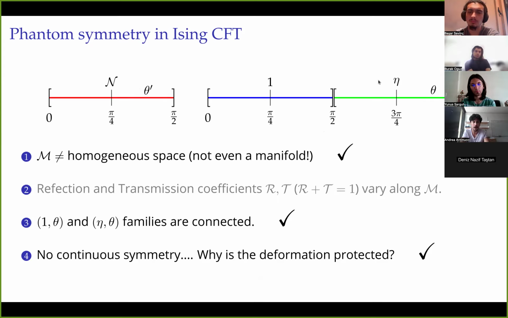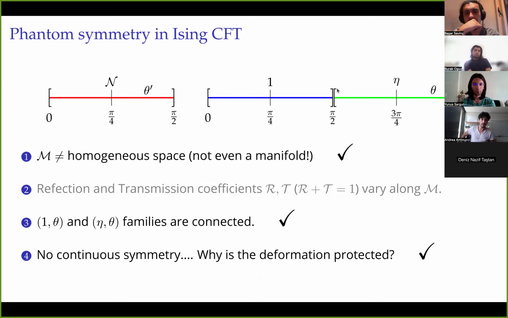And you also understand why this manifold is not a homogeneous space, but is this interval, because the symmetry that is broken, even though it's not a symmetry of the Ising model, is a symmetry of the folded theory. It's a non-invertible symmetry. And the space that is labeling this non-invertible symmetry is an orbifold. This is U(1) mod Z2. Okay, so this is an interval, and you have these singular points here. The extremes of the interval are singular, and so they're a bit special.